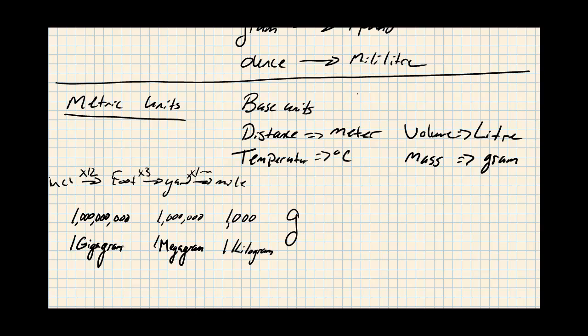And you can go the other way if you want to get smaller, because clearly you get something smaller. This is about the weight of a paperclip. And clearly you could have something that weighs less than a paperclip. So if you get smaller, say you have 1,000th of a gram, 0.001 grams, we would call that 1 milligram.